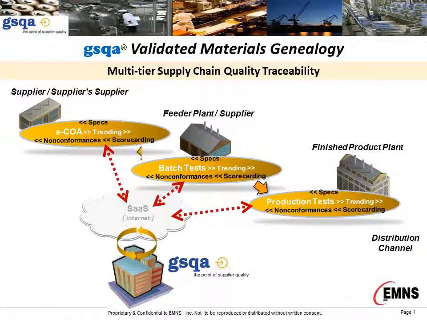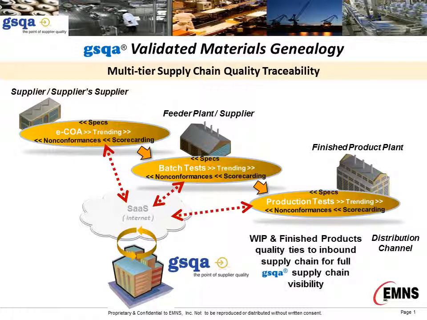And then, of course, to the external supplier, the electronic certificate of analysis, and all the other features that go along with that dialogue. So you get a feeling that GSQA is enabling the visibility of the supply chain by marrying work in progress in plants with finished products with the inbound supply chain, so you can in fact have true supply chain quality traceability, which gives rise then to the genealogy of a product in the marketplace.